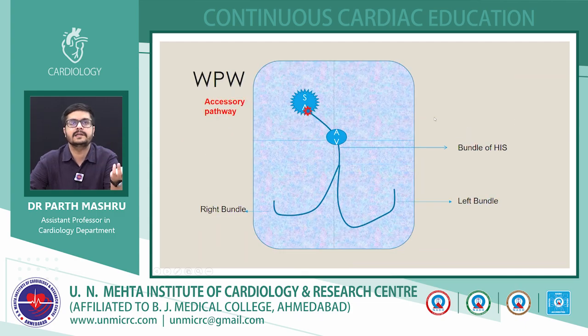Now what happens when there is an accessory pathway? For example, here is an accessory pathway, which is an extra pathway between the atria and ventricle apart from the AV node. Normally it is not present, but if it is present, then what happens? Some of the conduction passes normally through the AV node, stops there for the AV delay and then conducts to the ventricle, but at the same time the action potential also traverses through the accessory pathway.